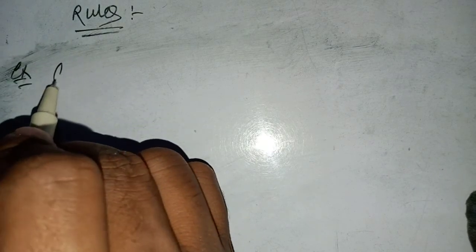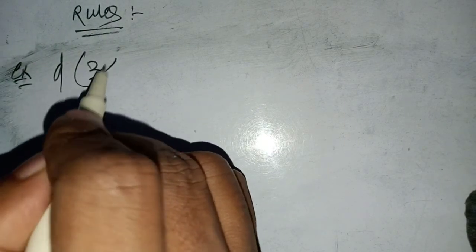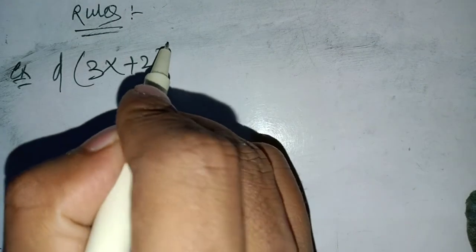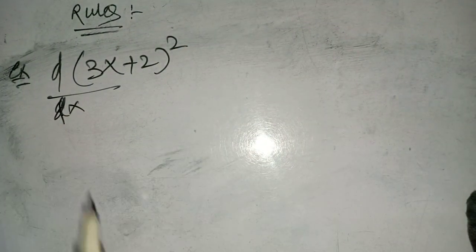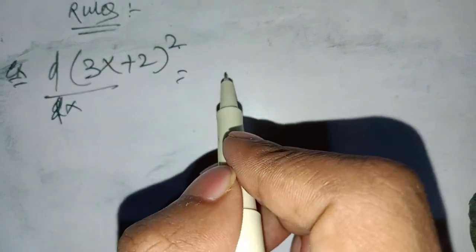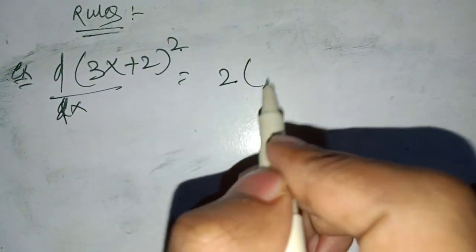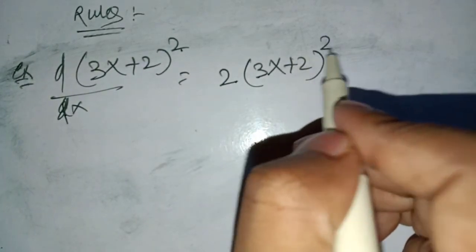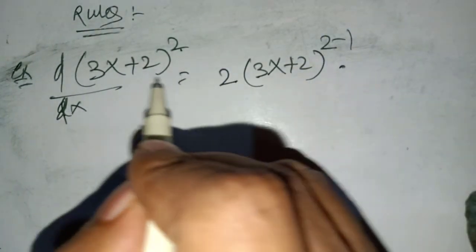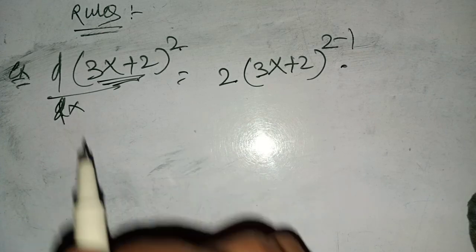So example, we want to differentiate (3x plus 2) to the power 2 with respect to x. So 2 will come out, and (3x plus 2) to the power 2 minus 1 into differentiation of inside.